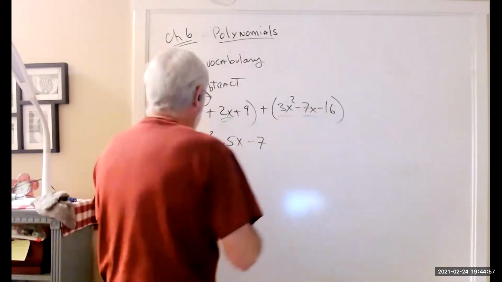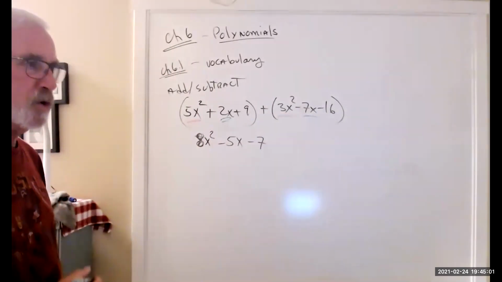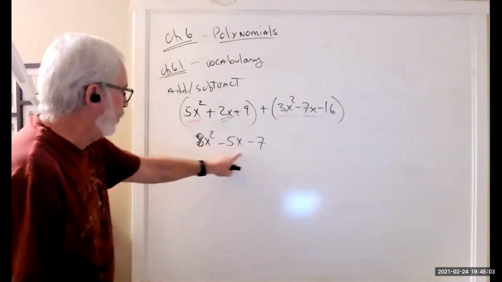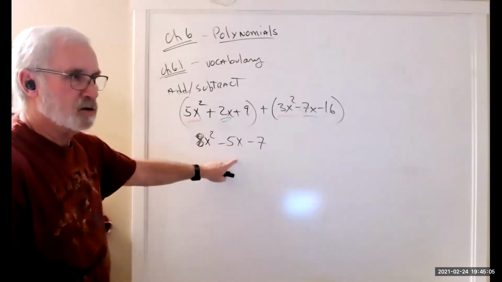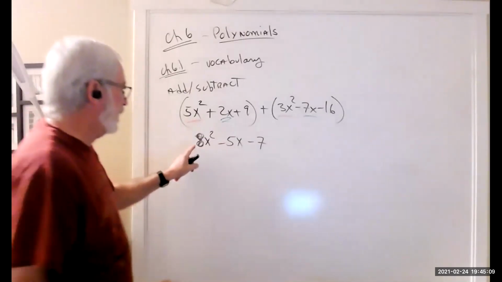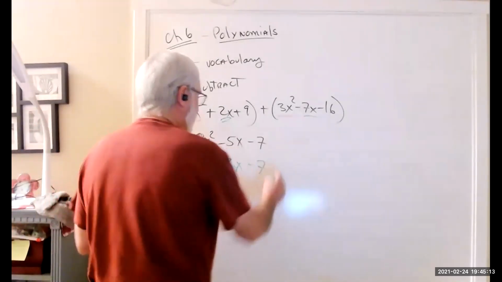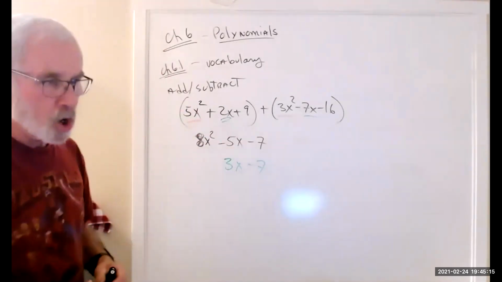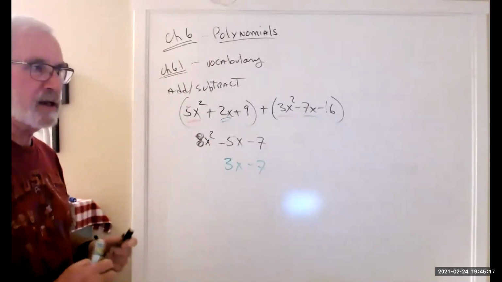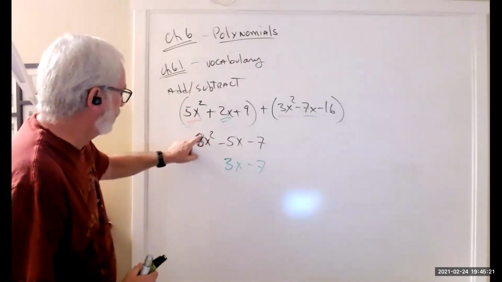Now, here's what some students do. They go, oh, those are x's, so I can put those together and get something like 8 take away 5 is something like 3x minus 7. Wrong. You can't do that. These are not like terms.